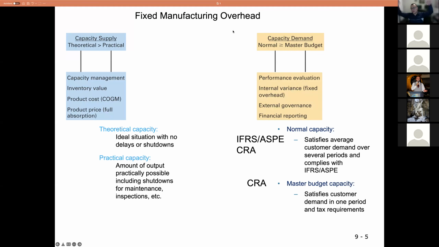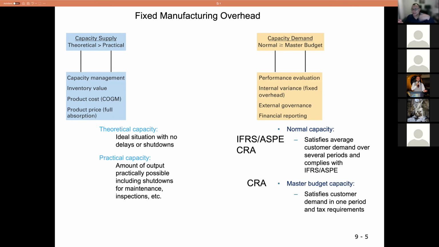So we're talking about the fixed manufacturing overhead. We know the total amount of the cost, and then we need to figure out a rate based on the level of activity. Previously we talked about something called a predetermined manufacturing overhead rate.